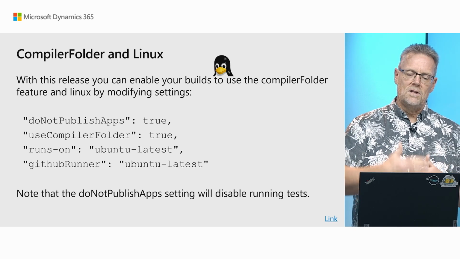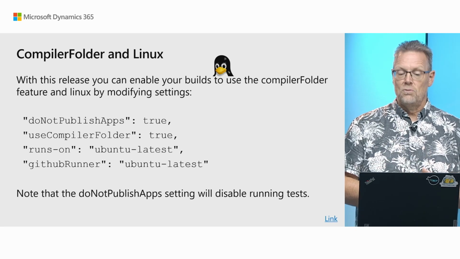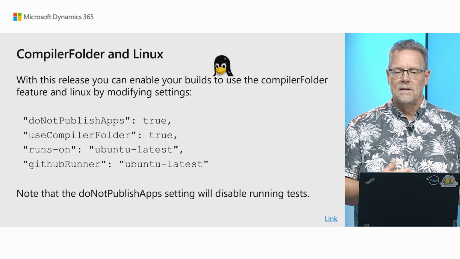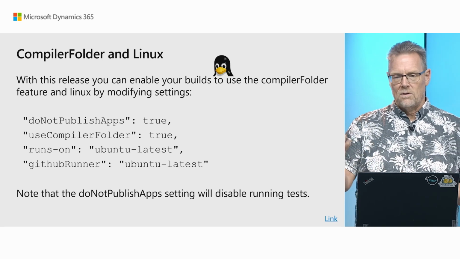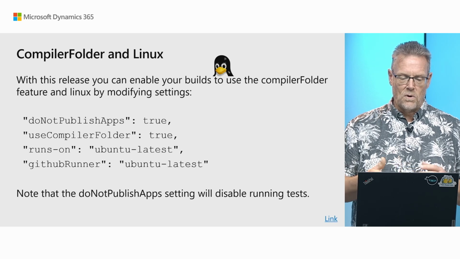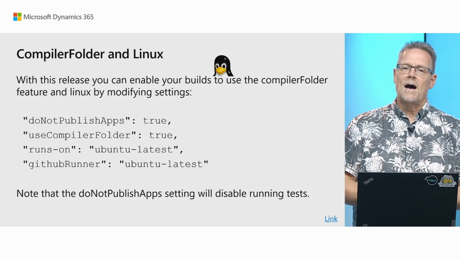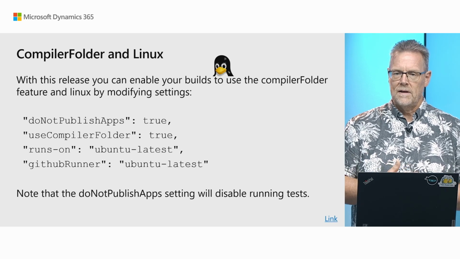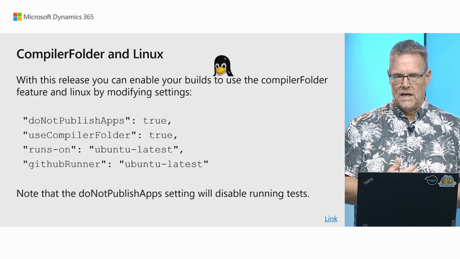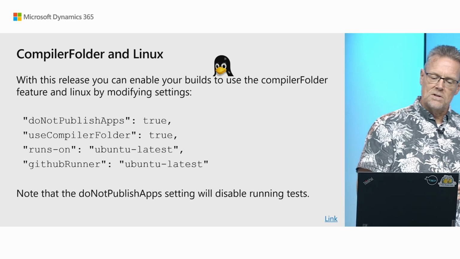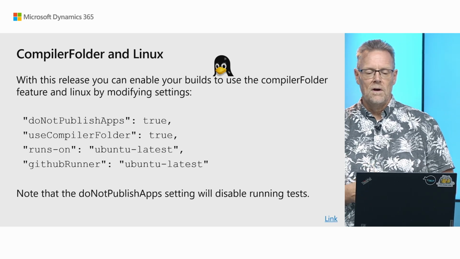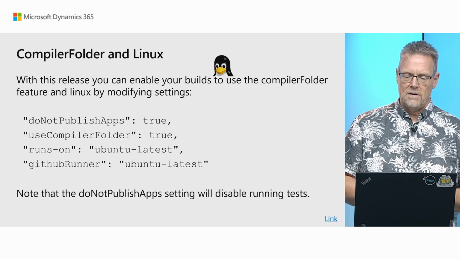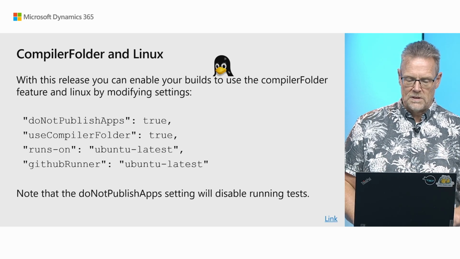If you want to actually publish the apps to a service tier, then we need either an online environment or a container or whatever. But if you set do not publish apps to true, we know internally that we don't need a container for anything. If you then also set use compiler folder to true, then we can deduce that we'll be able to do everything without containers.